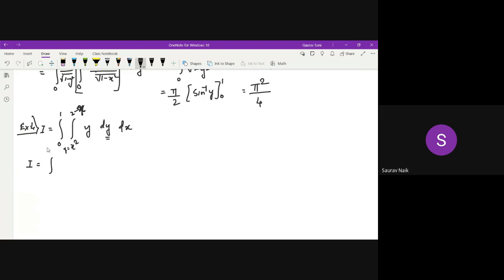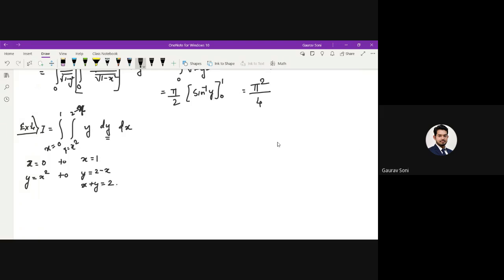X. So this is the structure. I will write this down now. X is equal to 0, X is equal to 1. Y is equal to x square, y is equal to 2 minus x. 2 minus x is nothing but x plus y is equal to 2.